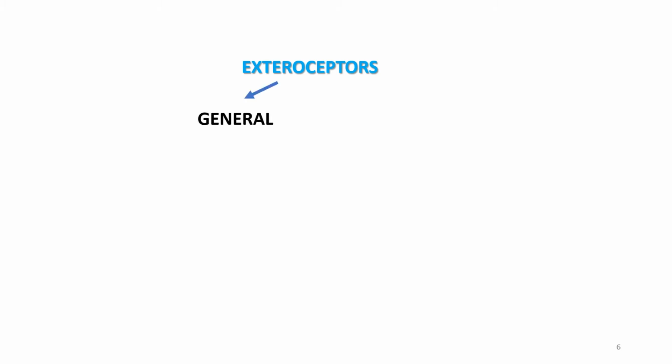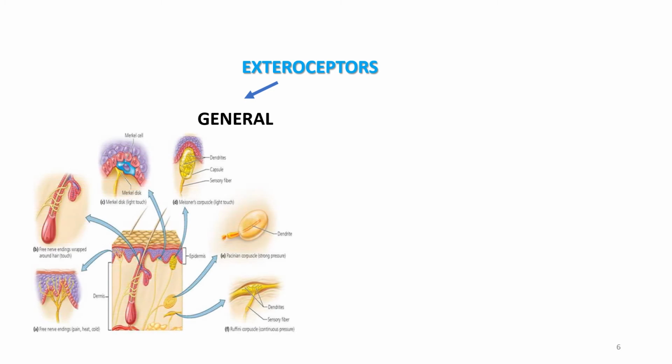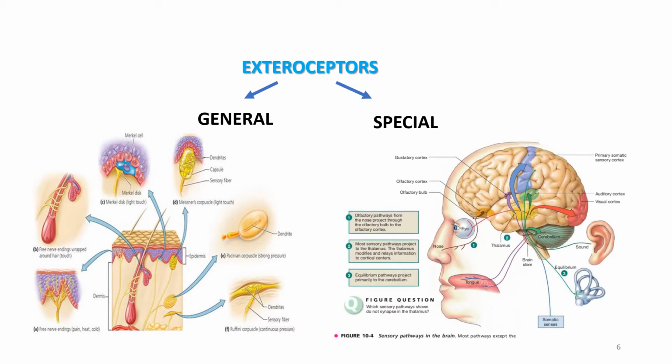General exteroceptors are present in different layers of skin. Examples are Merkel's disc, Meissner's corpuscle, Pacinian corpuscle, free nerve endings, etc. Special exteroceptors sense light, sound, smell, and taste.